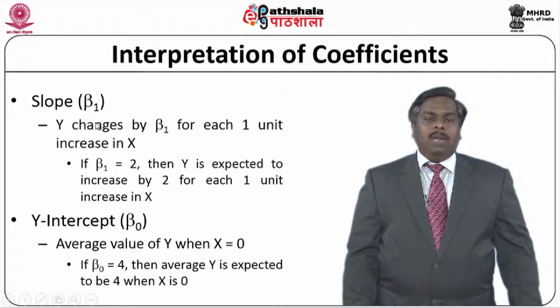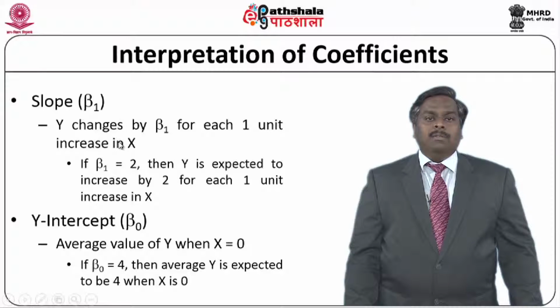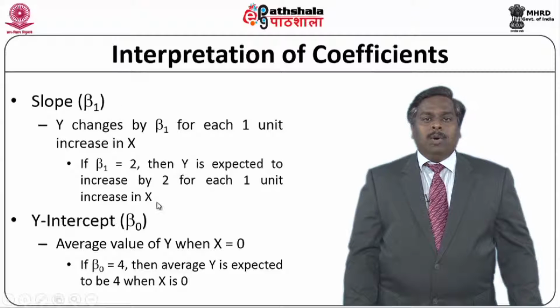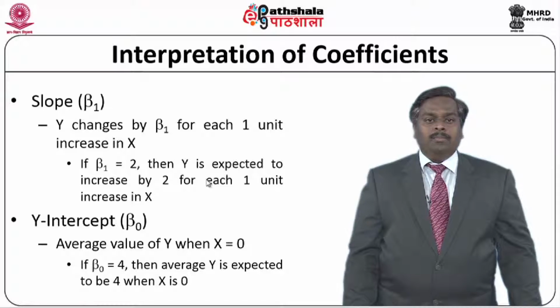That is, y is the value that is determined and x is the variable used for determining y. With respect to every change in x, to what extent y changes is what we can infer from beta 1. For example, if beta 1 is equal to 2, then y is expected to increase by 2 for each 1 unit change in x.